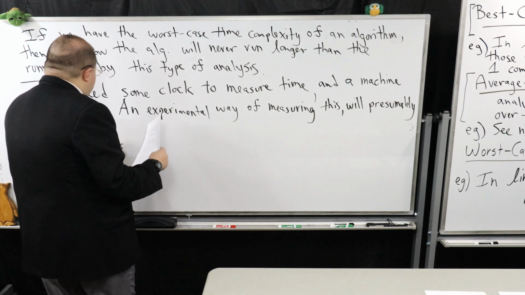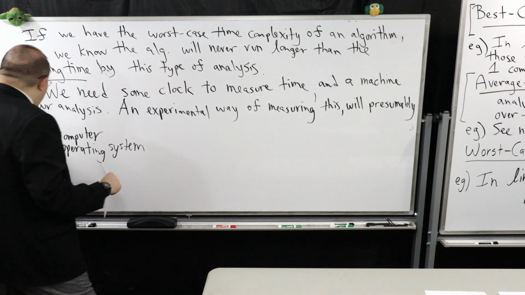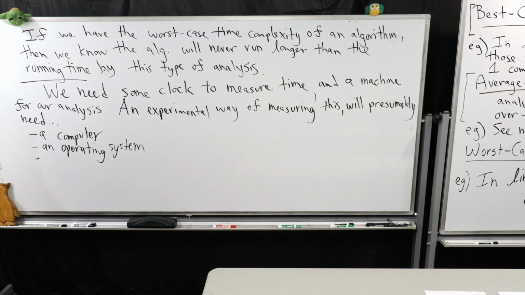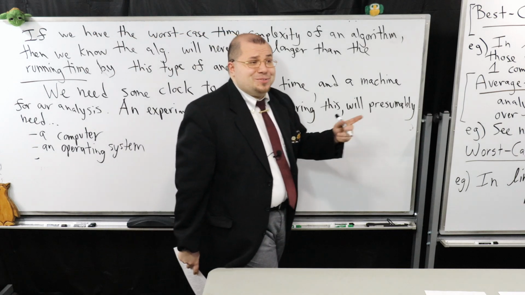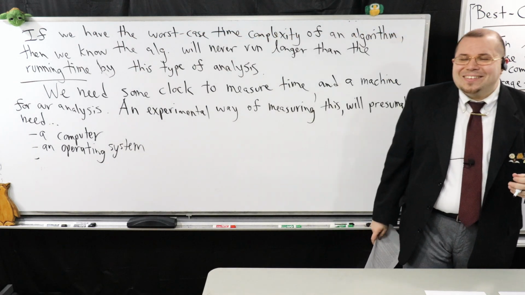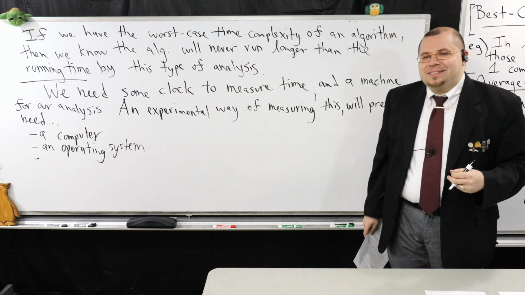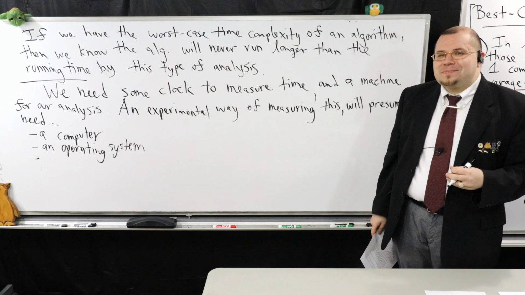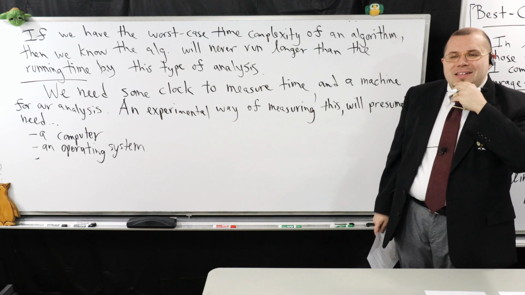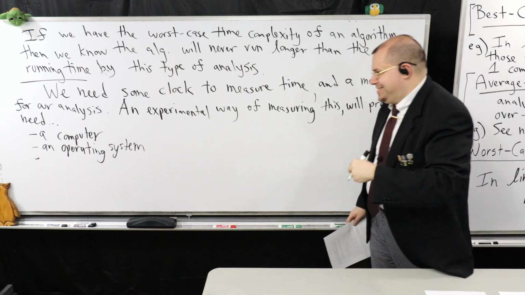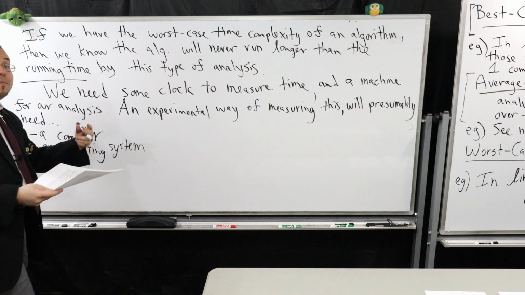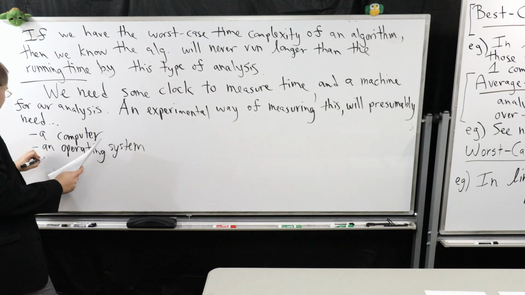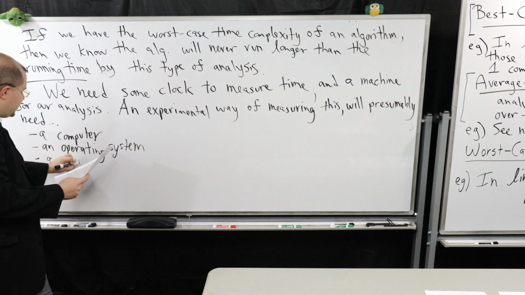Now, if I write this program up in a programming language, what does it mean if I want to execute it? What else do I need? A compiler, perfect. Yeah, we're going to need a compiler for our computer program. That's going to be the implementation of our algorithm.